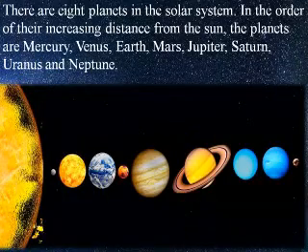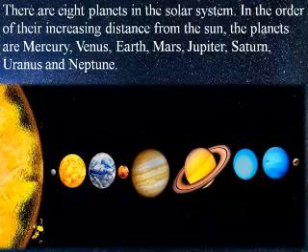There are 8 planets in the solar system. In the order of the increasing distance from the sun, the planets are Mercury, Venus, Earth, Mars, Jupiter, Saturn, Uranus and Neptune.